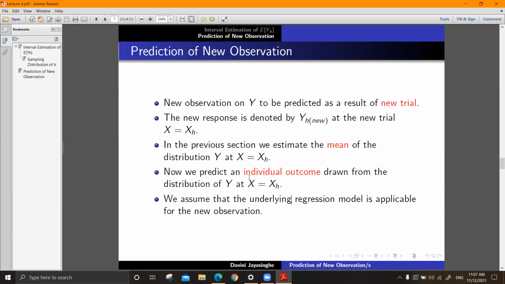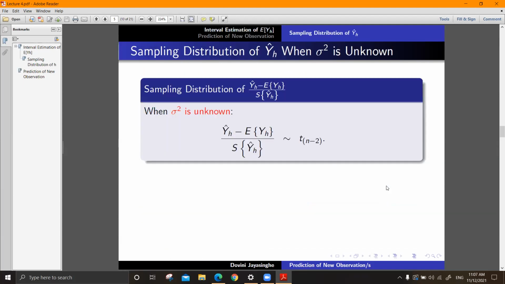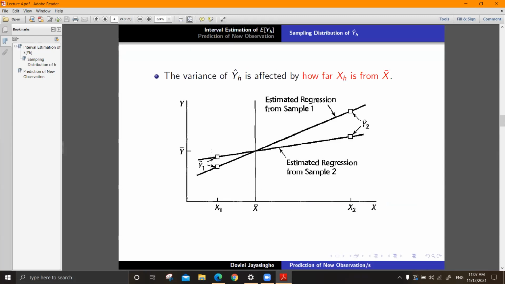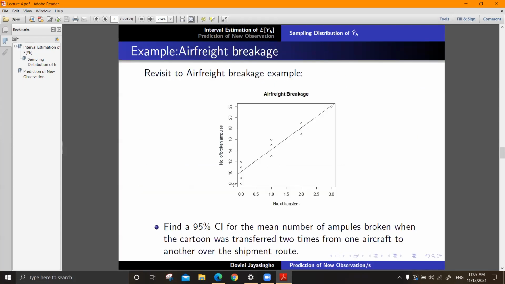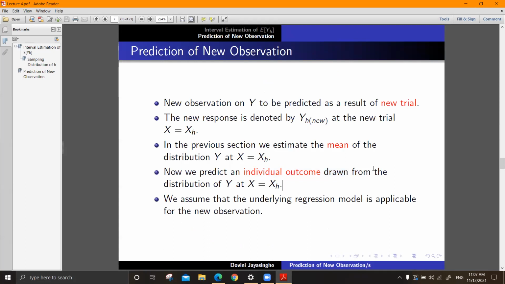Now we are considering the individual outcomes, which depend on the sample. So the interval is going to be wider than that. Just keep that in mind, because you have to accommodate all the observations individually.